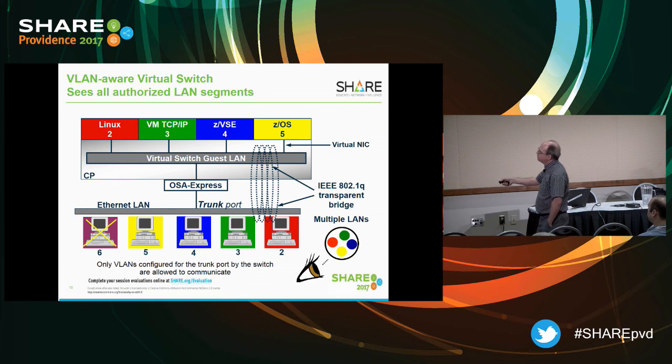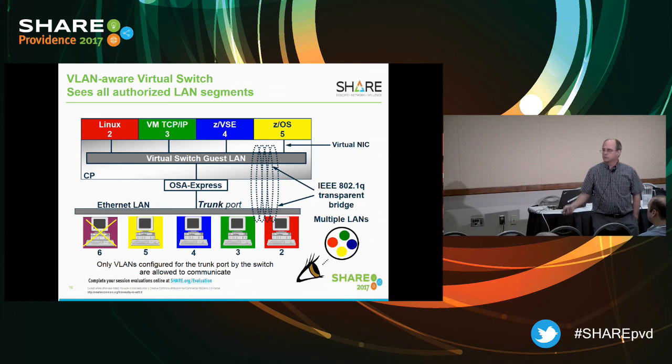Right? So now that I'm plugging this thing into a trunk port, all of a sudden I can have different colored virtual machines plugged into one virtual switch. Just like I had those different colored sets of ports on the physical switch, I can do this in the virtual. So this Linux guest is in VLAN 2, and it's able to talk to any other red guests up here, but it can also talk to this one down here in the physical network that's also on VLAN 2.